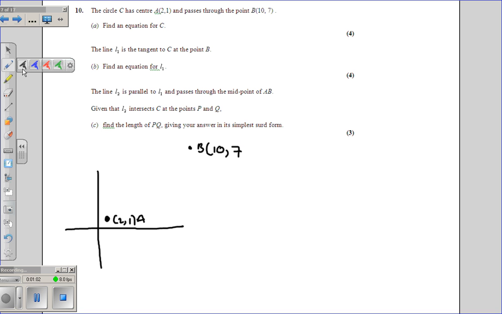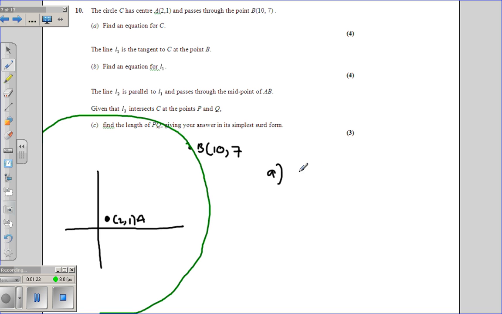This is going to be lovely. And there's your centre there. We want the equation for that circle. You need to know the general form of the equation of the circle. So part A, the general form of the equation of a circle is (x - a)² + (y - b)² = r².